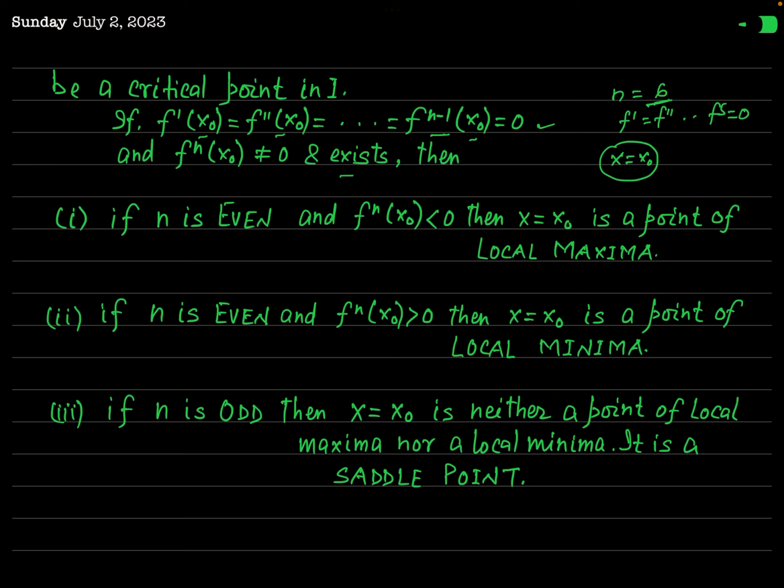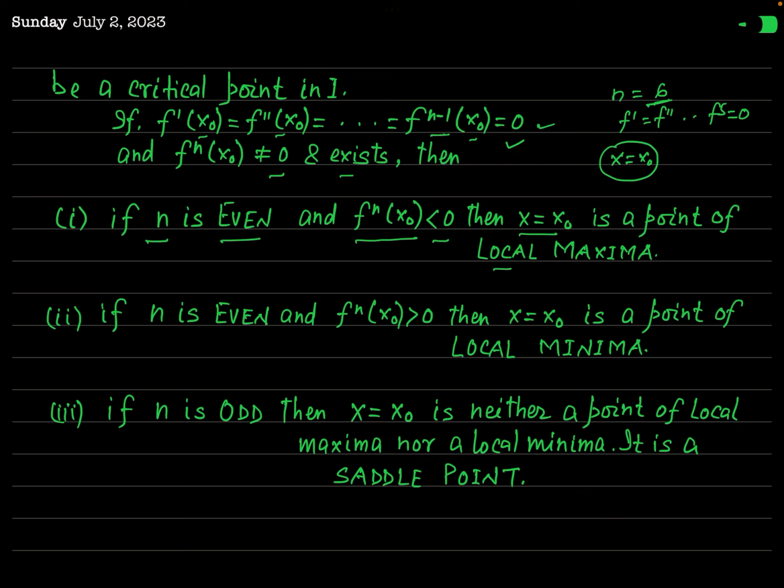So in this condition, if the nth order derivative is not 0, but all the derivatives less than nth order, that is first order, second order, up to n minus 1th order, are 0 at the critical point, then if n is even, and the nth order derivative, that is f n at x naught, is less than 0, that is negative, then we simply say that at x equal to x naught, the function has a local maximum value.